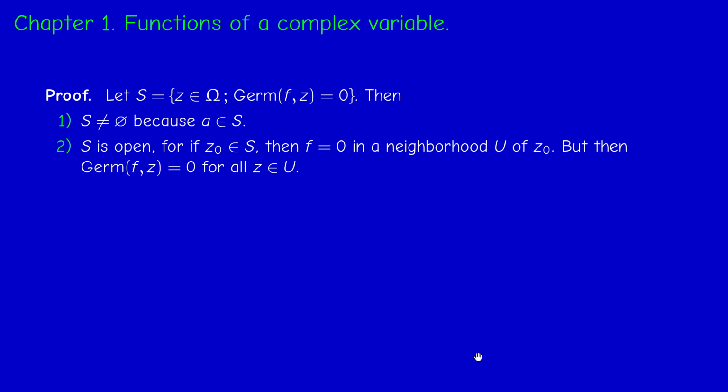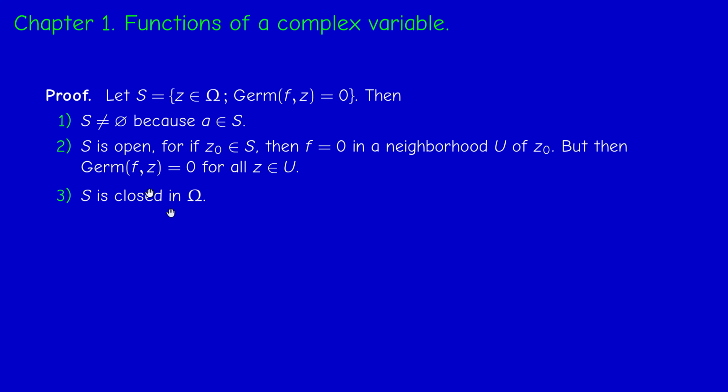So take an arbitrary point Z0 in S. So the germ of F at Z0 is 0. And by the previous proposition, F vanishes on a neighborhood, I call it U, of Z0. But if F vanishes on U, then all the derivatives of F vanish on U. So for any Z in U, the germ of F at Z is 0. And what does this mean?